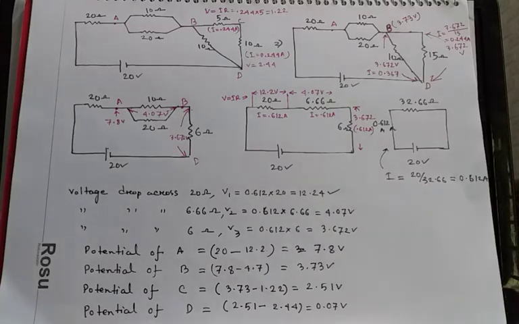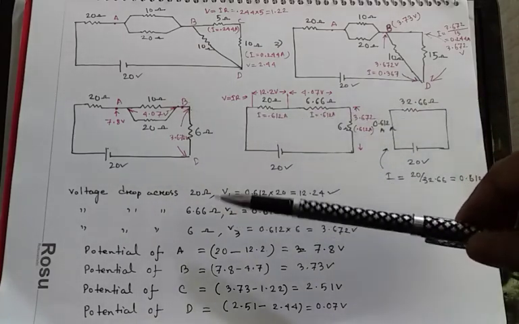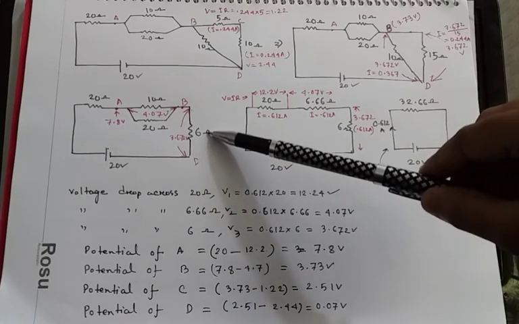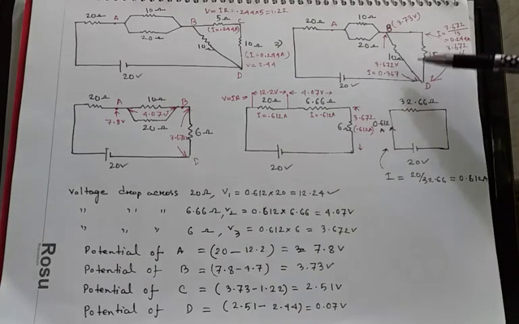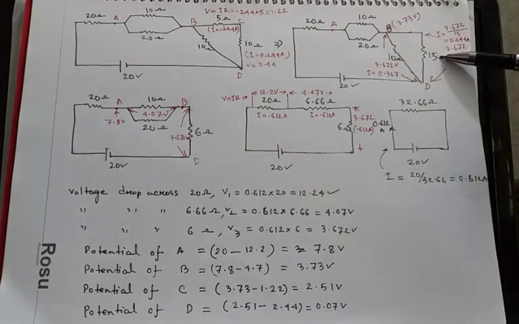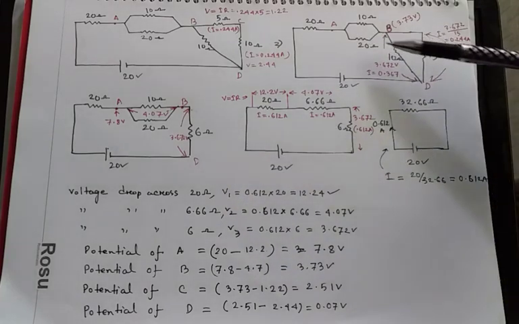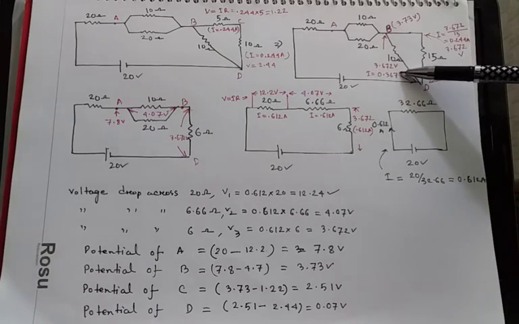Now we have to calculate the potential for C. Before that, we will do a simple work here. This 6 ohm resistor is the parallel combination, or equivalent resistor, of 10 ohm and 15 ohm. So the voltage drop will be the same for both resistors, that will be 3.672 volt.